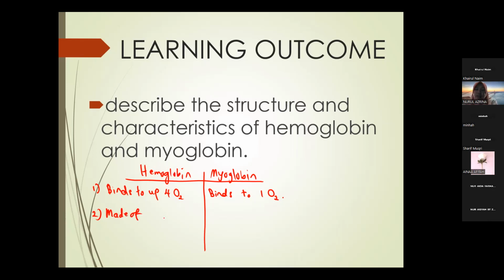Yes, because it has 4 polypeptide subunits. Hemoglobin has 4 polypeptide subunits. This is 2, this is another 2. So these 2 are alpha subunits and the other 2 are beta subunits. So it is made up of 4 polypeptide subunits or chains.